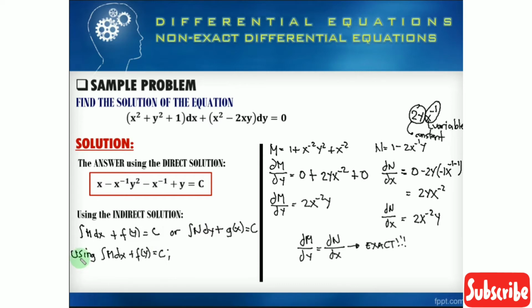Okay, so substituting our m here, we have integral of this 1 plus x raised to the negative 2 y squared plus x raised to the negative 2 dx, plus we have this f as a function of y is equal to constant c.